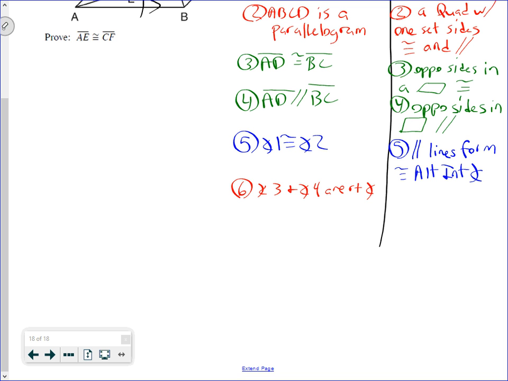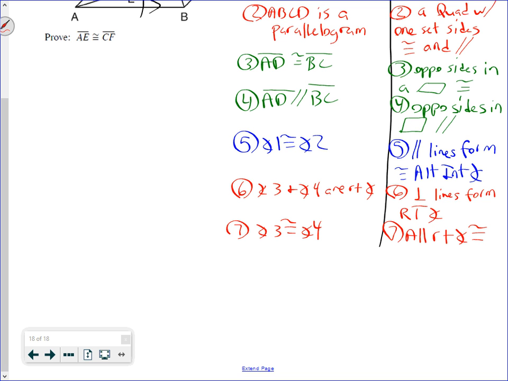And the reason that that's true is because perpendicular lines form right angles. And then the continuation of that is angle 3 is congruent to angle 4. All right angles are congruent.